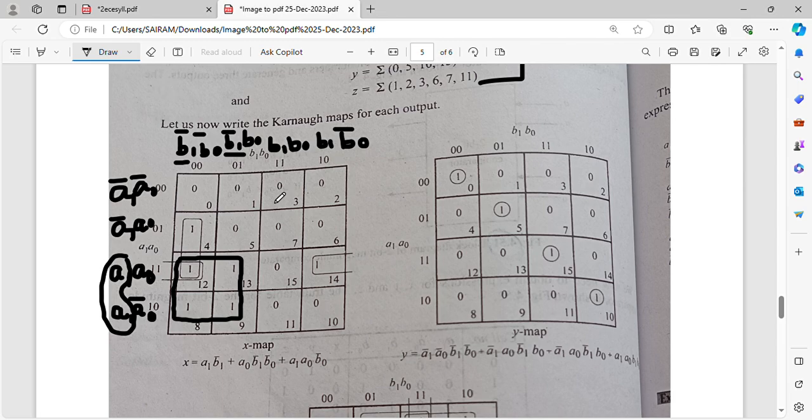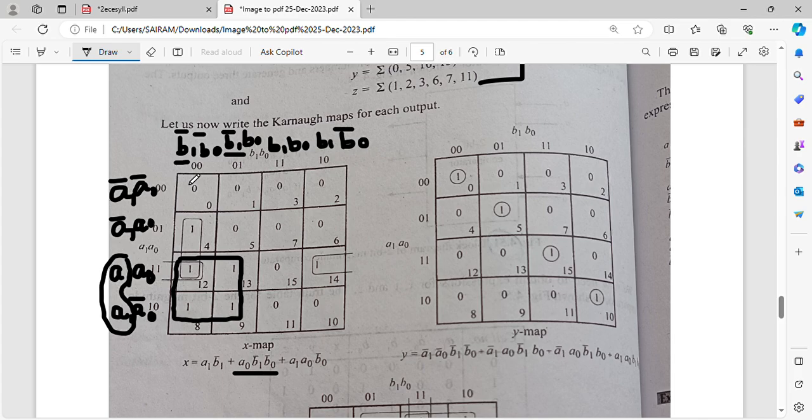Next it is plus A0 B1 bar B0 bar. For which one? I'll just tell you where. Okay. This is B1 bar and B0 bar.